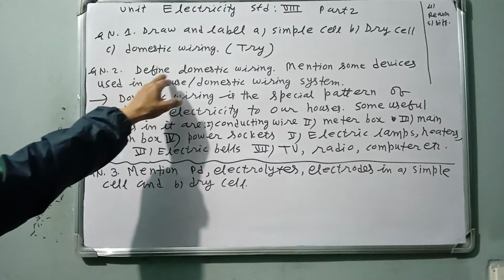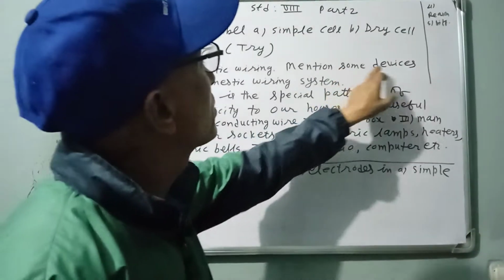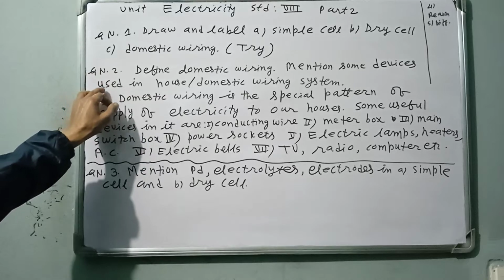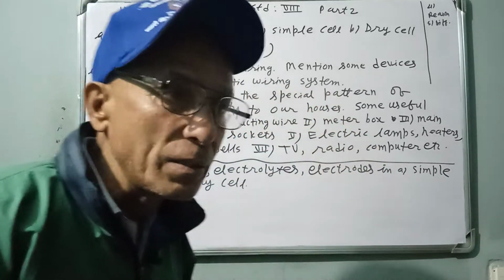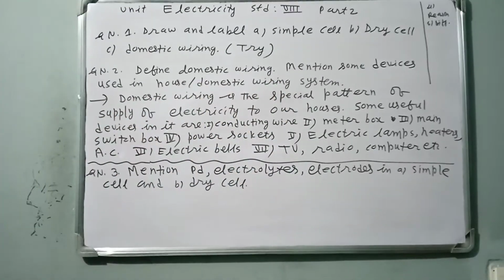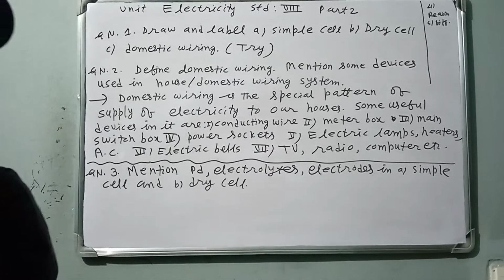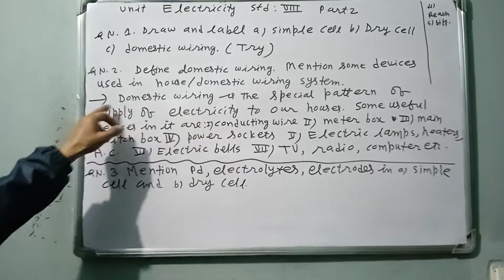Question number 2 is define domestic wiring or house wiring. Mention some devices or instruments or apparatus used in the house wiring system. Domestic wiring means house wiring. You might have seen electricians or other experts who come to your house and do the joining.